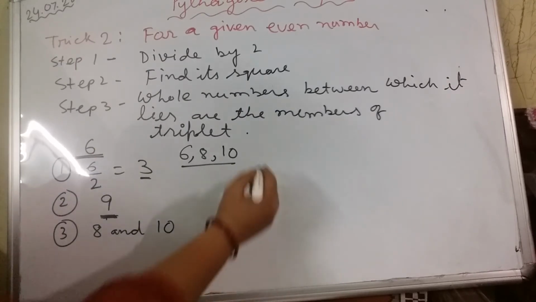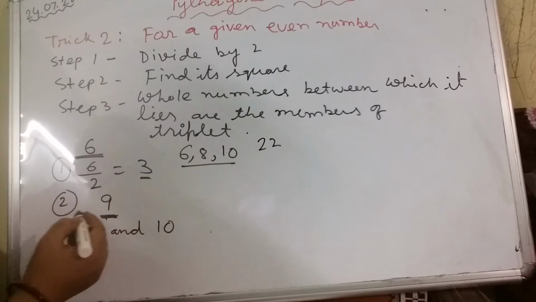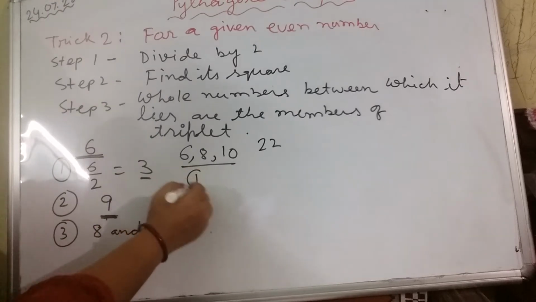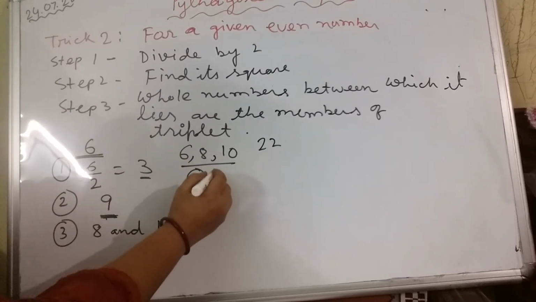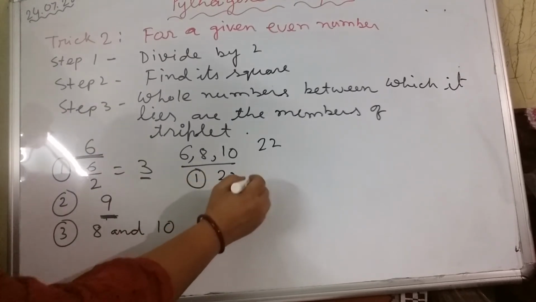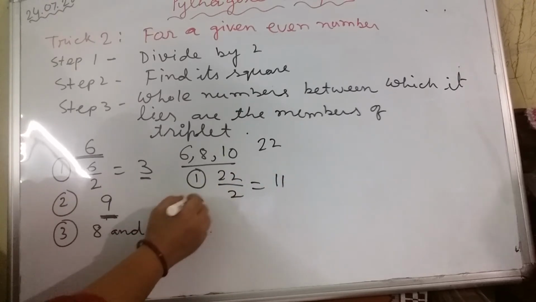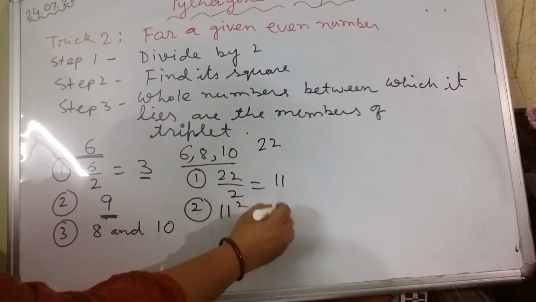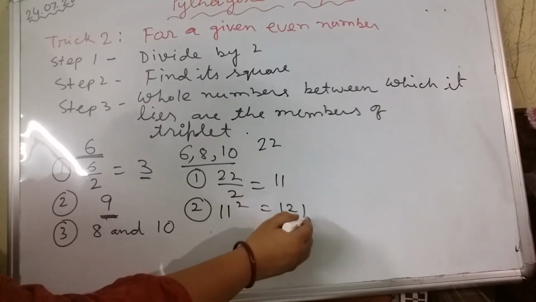Let's take another example. Say 22. 22 is an even number. So first step is you have to divide it by 2. So 22 divided by 2 is 11. And second step is you have to find its square. So 11 square is 121. You will not take this.